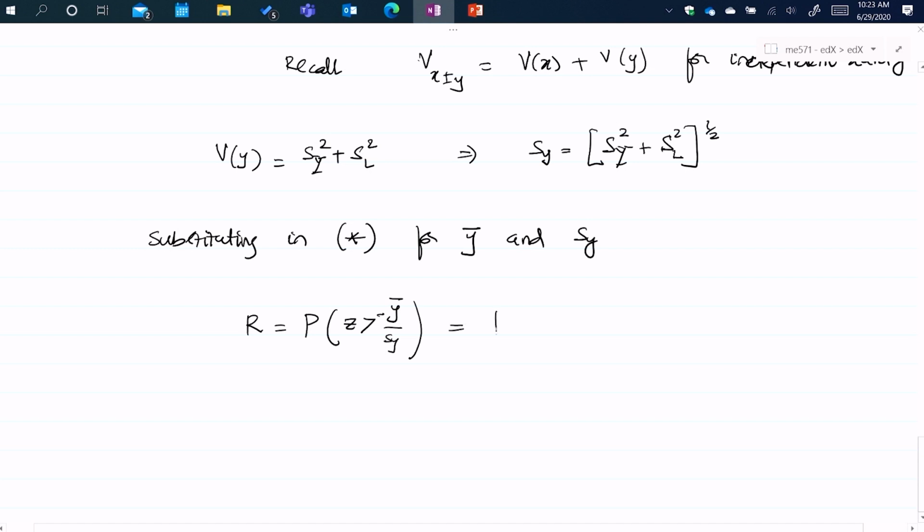That's equal to the probability that z would be greater than negative of Y bar minus L bar divided by s sub cap Y squared plus s sub cap L squared raised to the power 1/2.